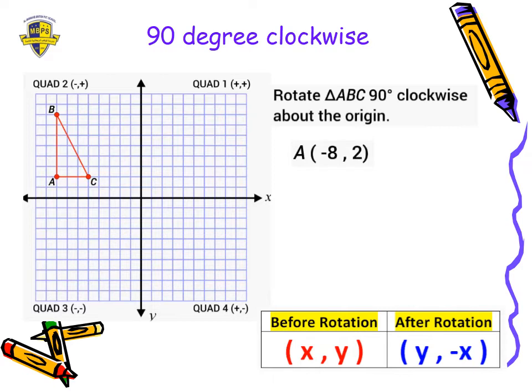Now B, what's the coordinate of B? Minus 8 and 8. Excellent. And for C, minus 5 and 2. Good. Now we want to rotate these points.